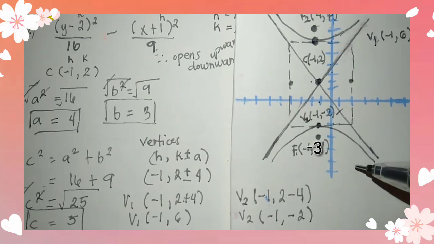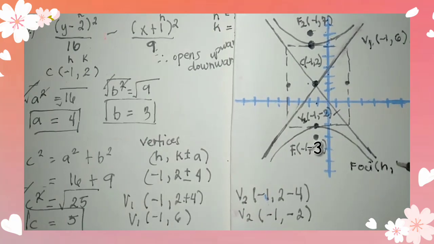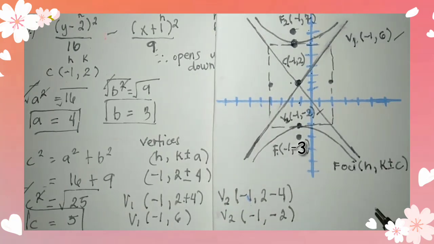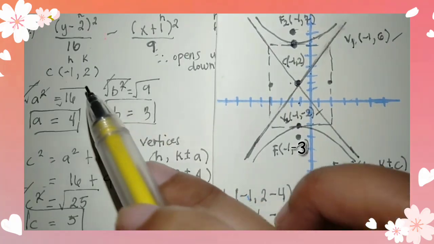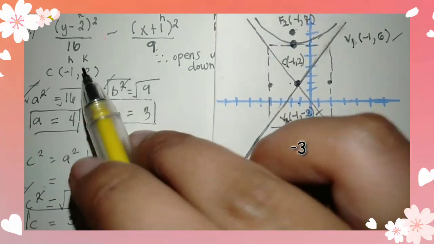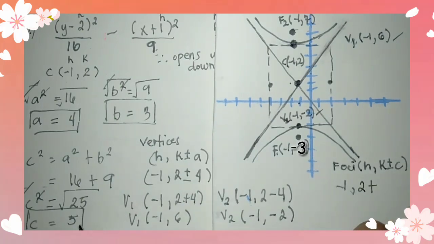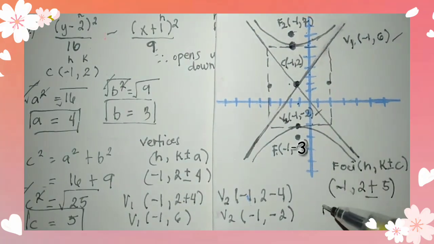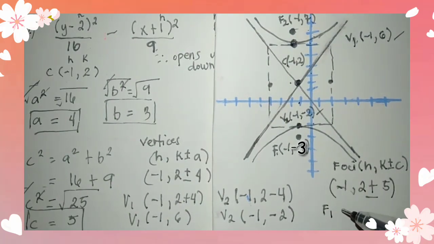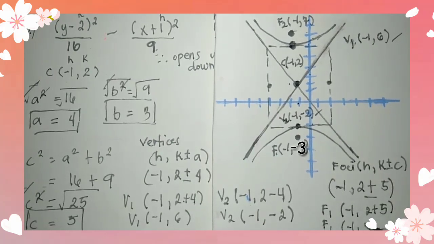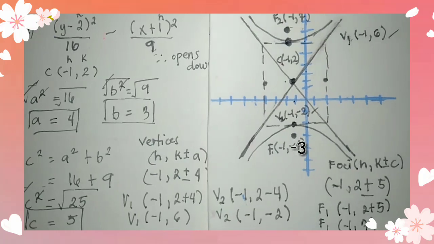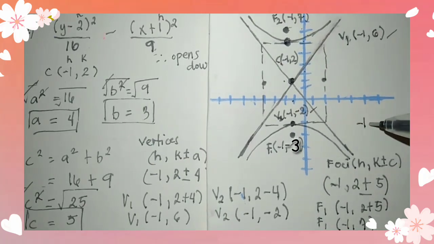Next is to check our foci. So, ang formula ng ating foci is h and k plus and minus c. So, we have our h, negative 1, and our k will be 2 plus c is 5. So, we have our focus 1 is negative 1 and 2 plus 5, negative 1 and 7. So, ang atin namang focus 2, negative 1 and 2 minus 5.